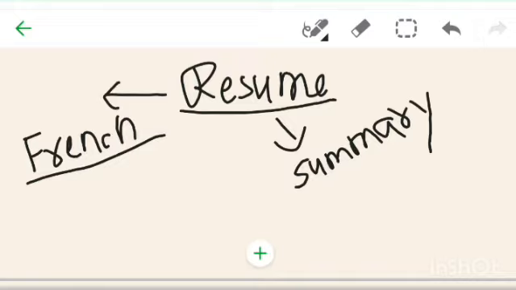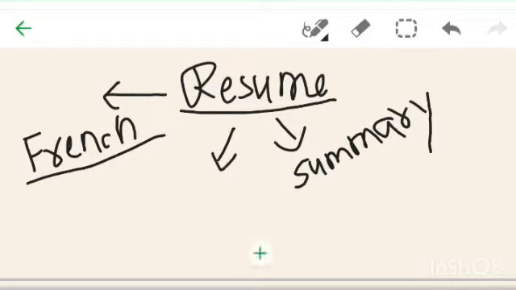So till now we have discussed two important features: resume is derived from the French language and its literal meaning is summary of what? Of your professional skills based on one's employment, education and professional skills. Now resume must have some purpose.